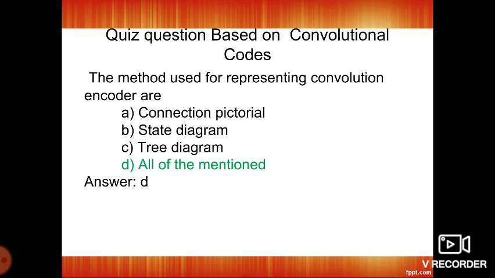The answer is all of the above mentioned, because we know that we can represent convolutional codes in different ways: state diagram, trellis diagram, tree diagram, etc. In the tree diagram, we can use the trellis and Viterbi algorithm decoding. So answer D is the correct one.